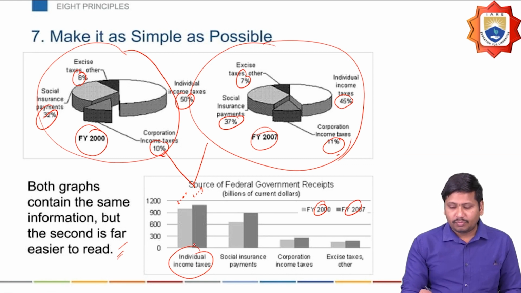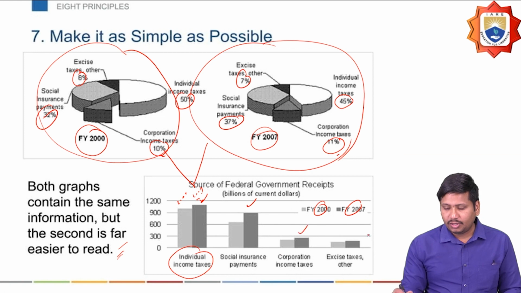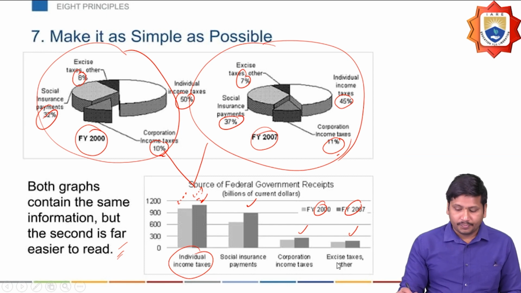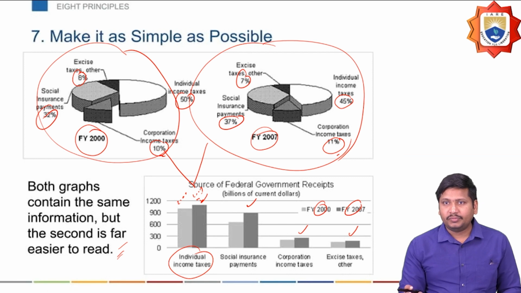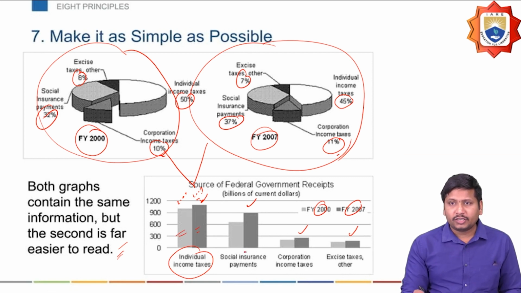For individual income tax, the amounts in billions of dollars should be high, that means in 2007 it should be high, and here also 2007, and then the corporate income tax is also high, and then excise tax is also going to be high. So if I represent it through a bar chart, the comparison should be very easy to clear and easy to understand for the audience.